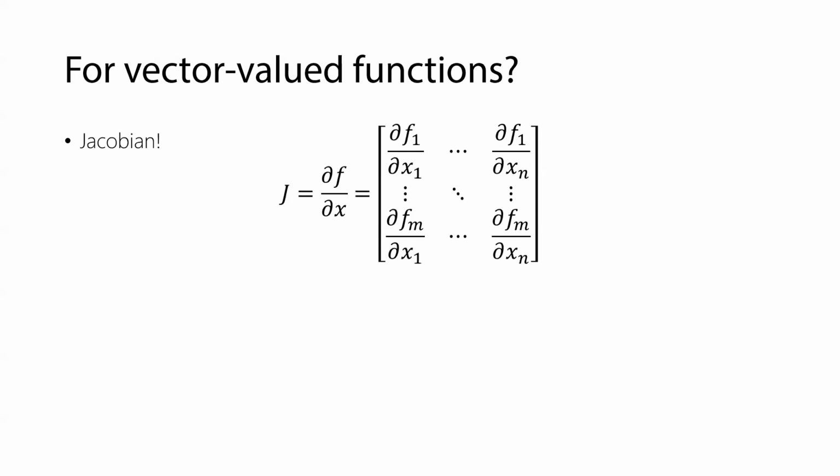So the vector valued function, let's say, has m outputs, then each row is essentially the gradient. So f1 with respect to x1, f1 with respect to x2, f1 with respect to xn. So that's the gradient for function f1. And then we basically stack up the gradients. That's how we get the Jacobian.